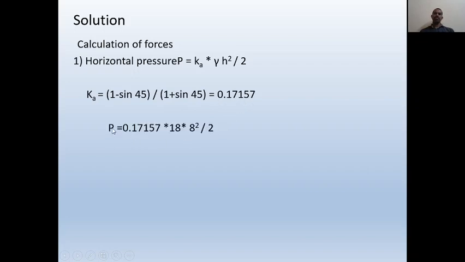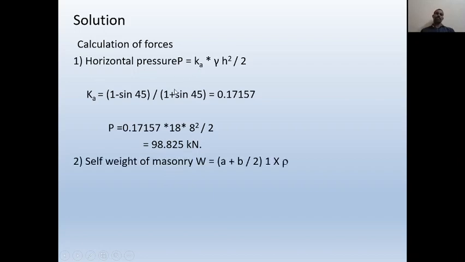Now PA you can calculate by substituting this value: 0.17157 multiplied by gamma is 18 and h is 8, squared, by 2. Remember, the units must be the same. 18 is in terms of kN per meter cube and h is also in terms of meters. Therefore, you can substitute directly without changing. Right? You can calculate this simply: 98.825 kilonewtons. This is the horizontal pressure.